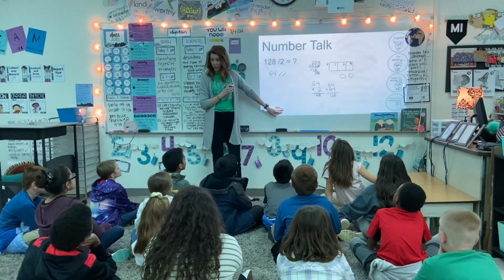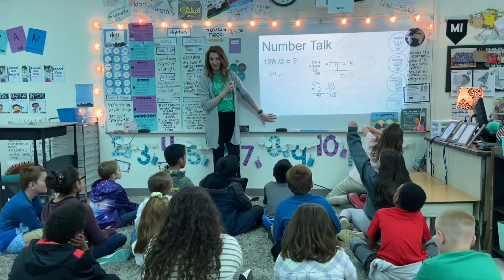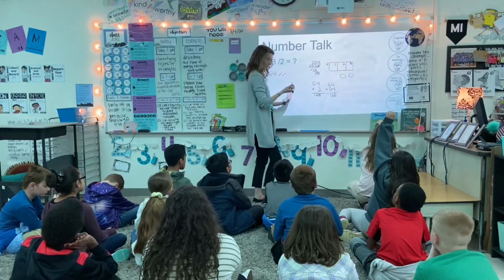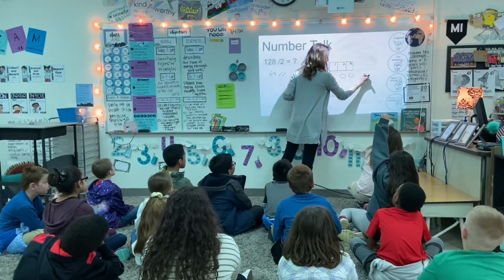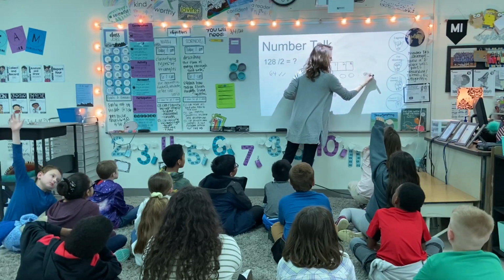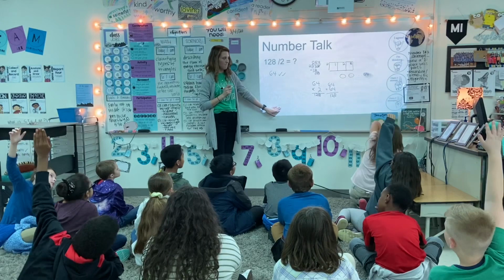All the way up to 128? You could also just keep adding 2. That's a lot of addition. I'm impressed if you can keep track of that in your head. That would be 64 groups of 2. What else can we do in our head?